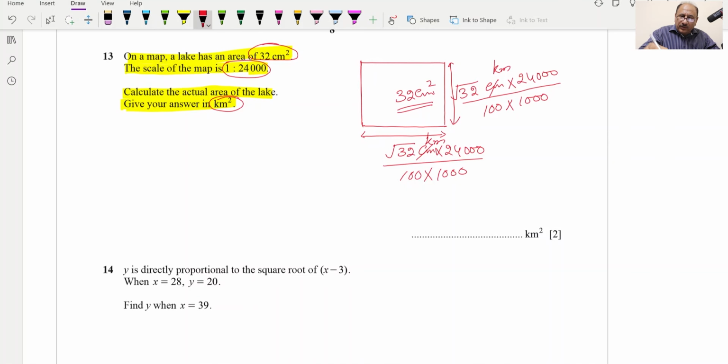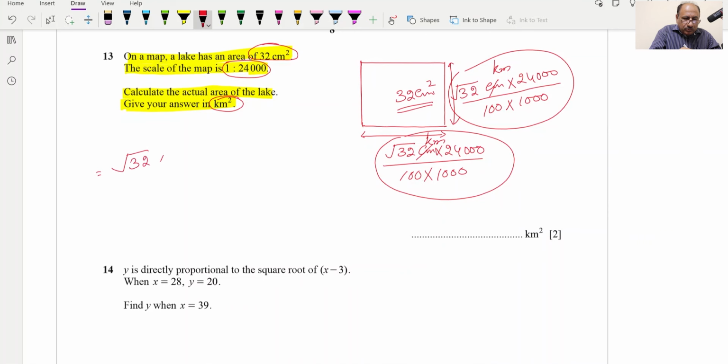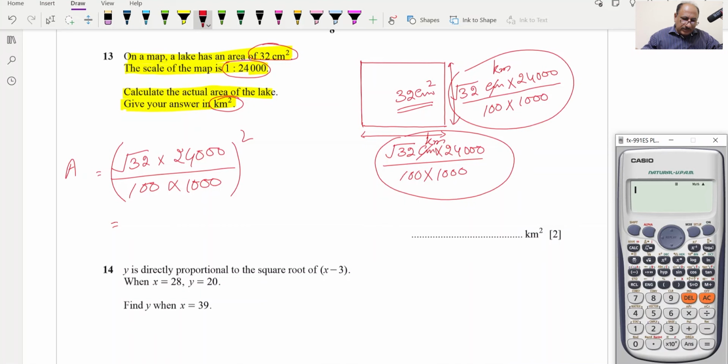Now if we multiply this one with this one, we will get the answer. So we can write square root of 32 into 24000 divided by 100 into 1000, and take square because both are same. So this will be the actual area. This calculation we can do with the help of a calculator.